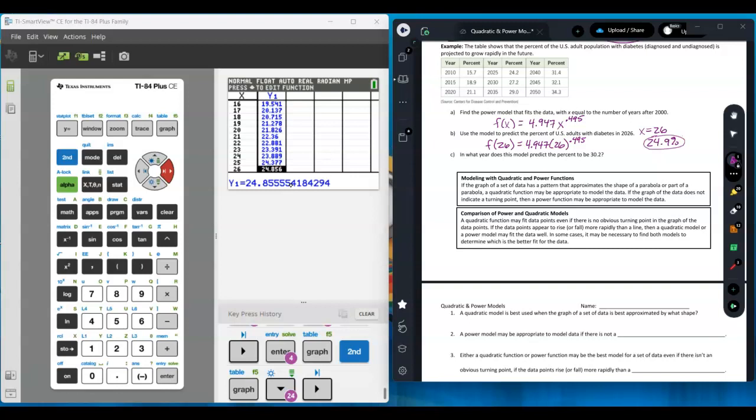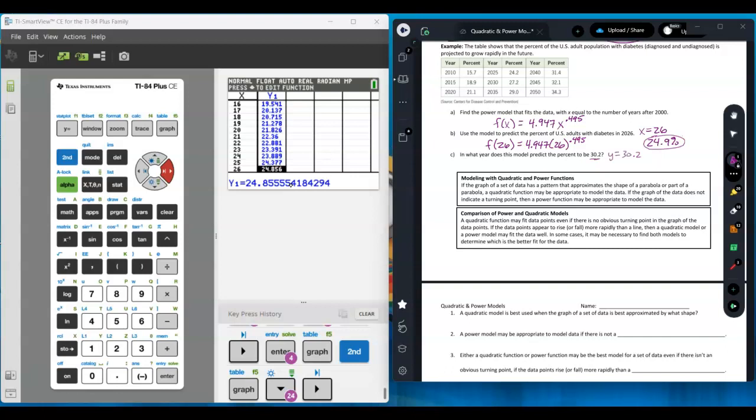And then part C says, in what year does this model predict the percent to be 30.2? So this time, instead of giving us the year or the X value and asking for the Y value or the percent, it's going the other way. It's saying, when I have a Y value of 30.2, what would that X value be?